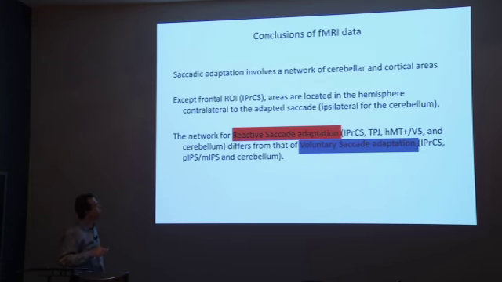All the hemispheric areas except the frontal one were on the right side, or on the left for the cerebellum, so ipsilateral to the adapted saccade. And as I showed already, the network for reactive saccade adaptation partly differs from the network involved in voluntary saccade adaptation.